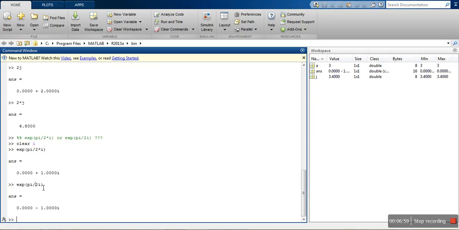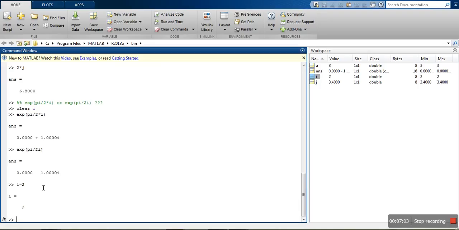Now define i as 2, then evaluate these expressions. Now evaluate the above expressions.